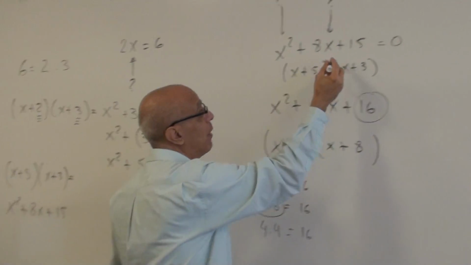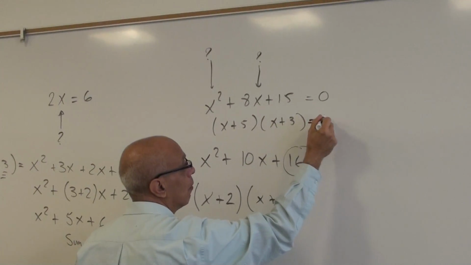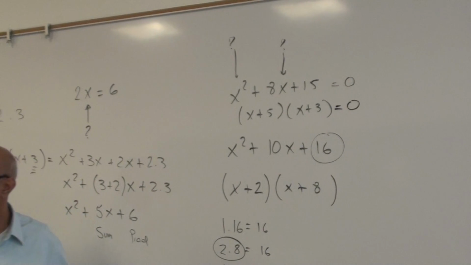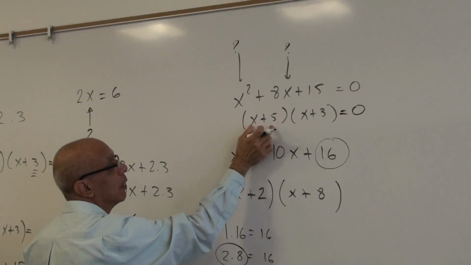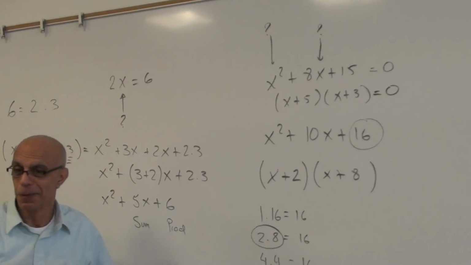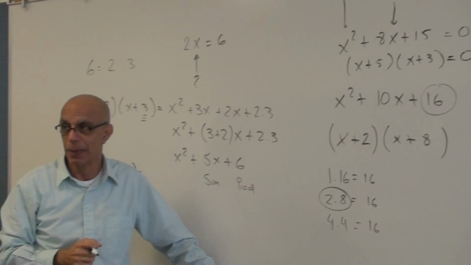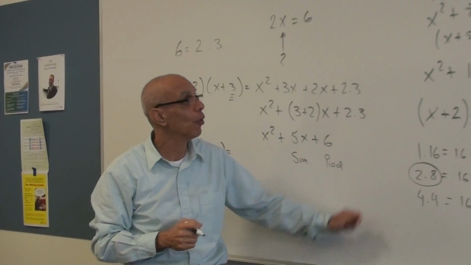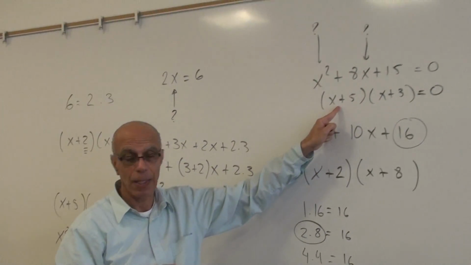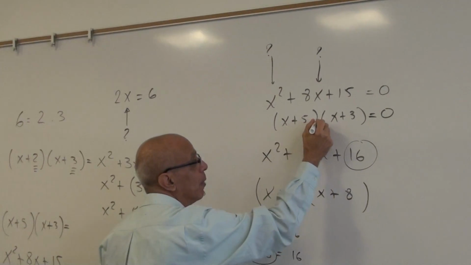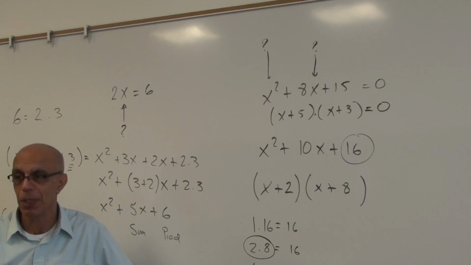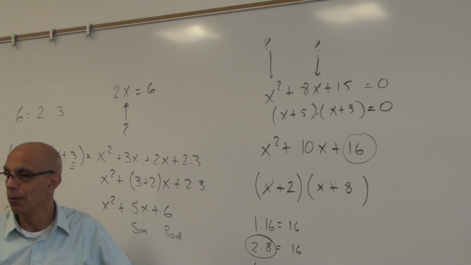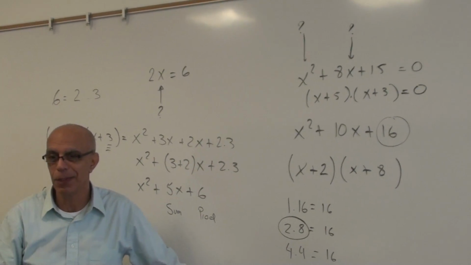However, if I'm able to factor, what happens when I factor? When I'm factoring, what is happening to the degree of this here? What happened? It has reduced from 2 to 1. And you have to remember that this is a product. A product of 2 numbers is equal to 0 when one of them is 0.